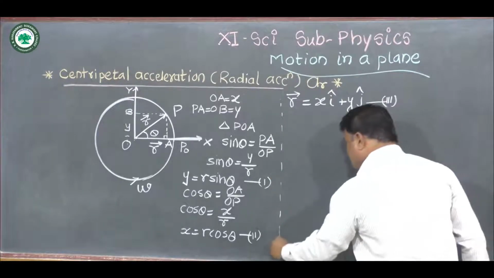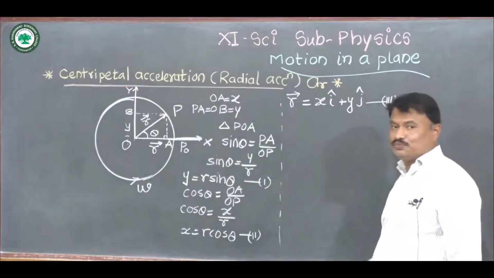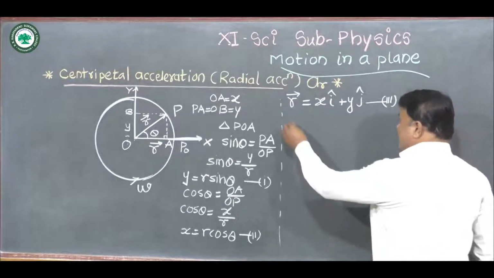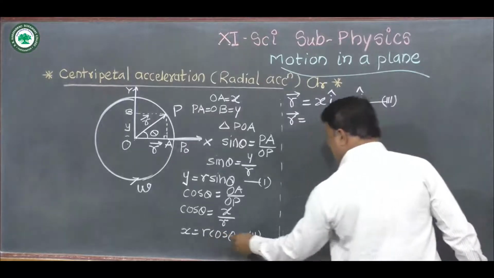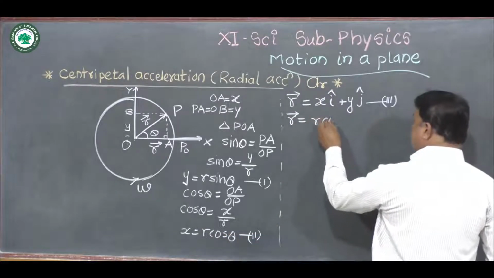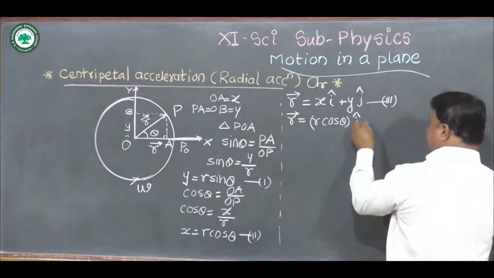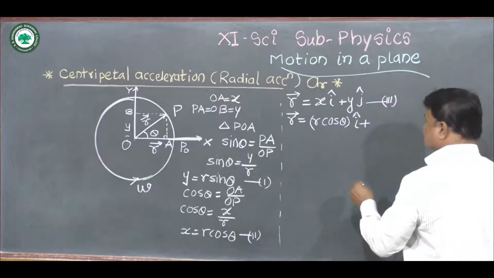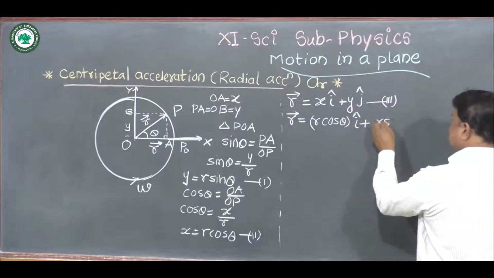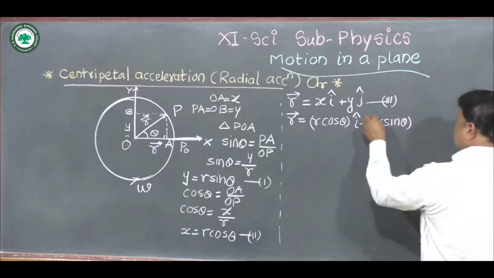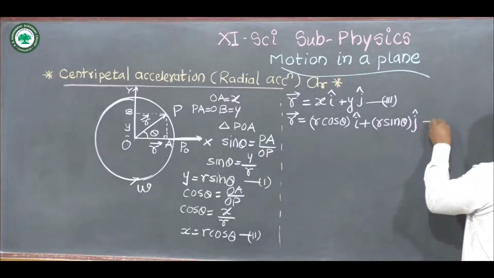Now we substitute the magnitudes of x and y using equations 1 and 2. Then we get vector r is equal to r cos theta into unit vector i cap plus r sin theta into j cap. This is equation 4.